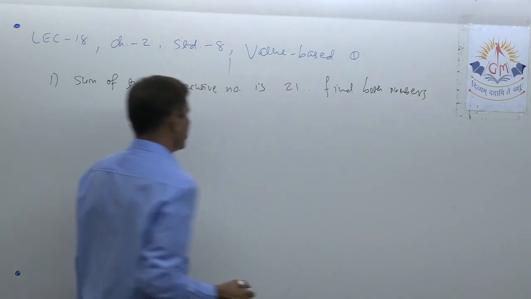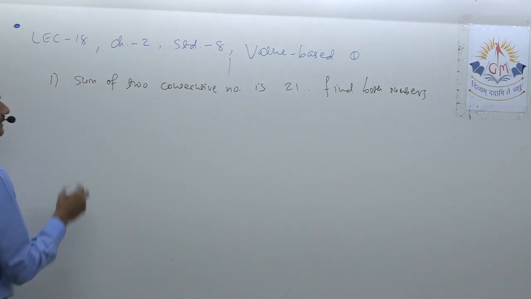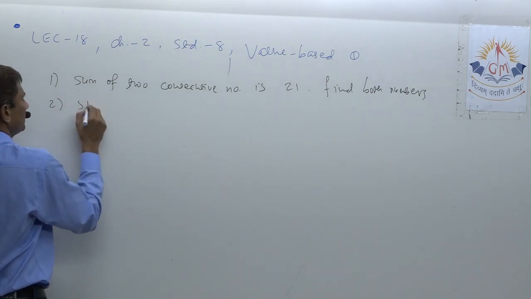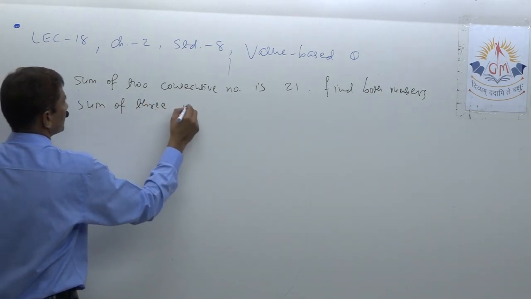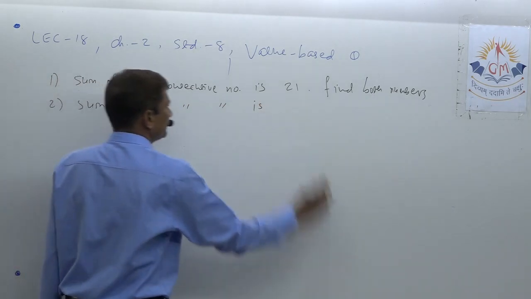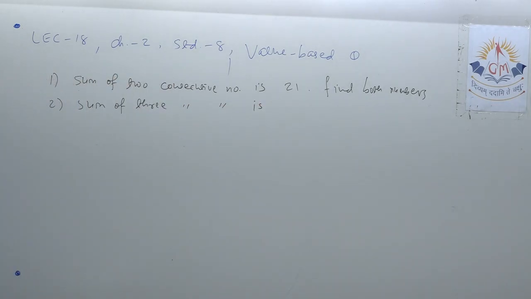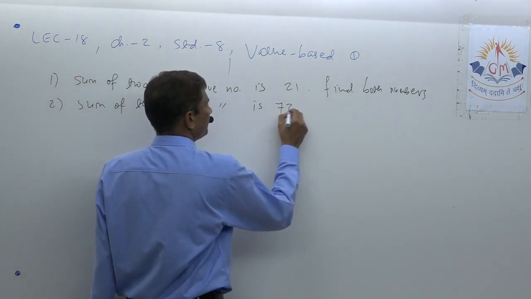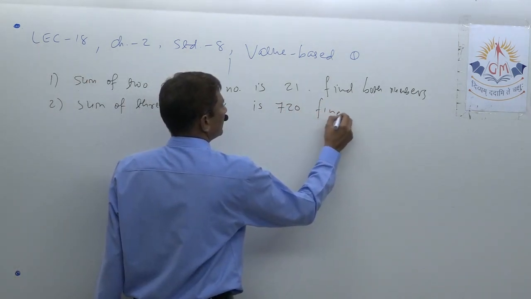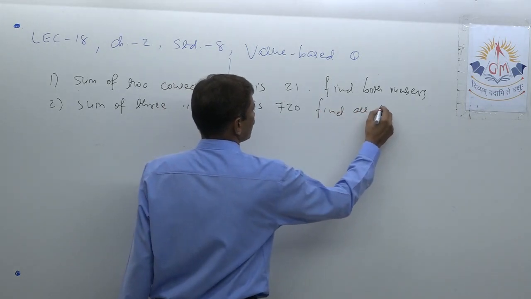Sum of two consecutive numbers is given 21. Find both numbers. Sum of 3 consecutive numbers is 720. Find all 3 numbers.